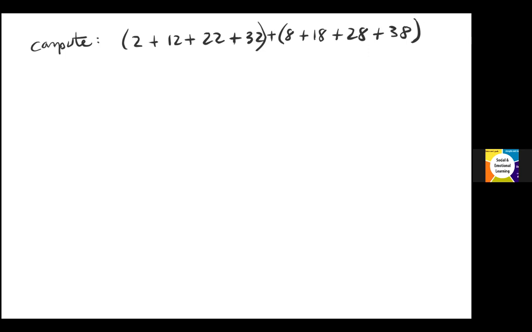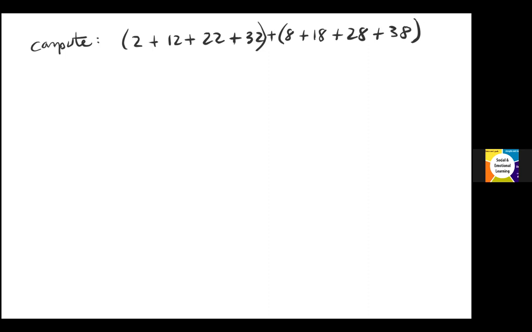Anybody have any ideas? If you want to suggest something, you could write it in the chat bar, or you could raise your hand, or if you just want to, you can start your microphone and say a suggestion.